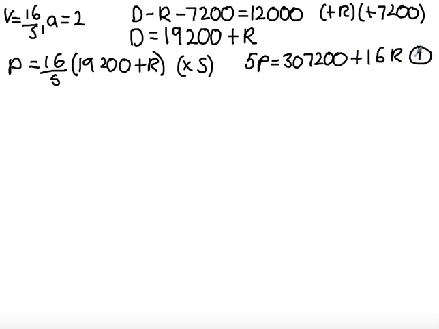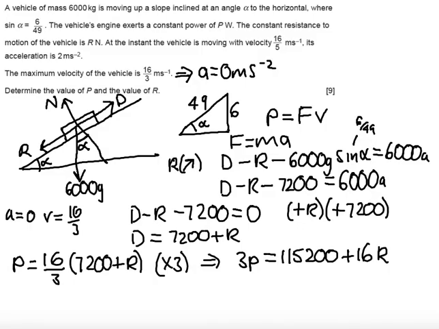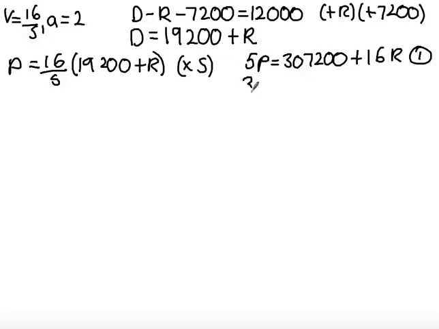Now if I call that equation 1, the equation that we got previously was 115,200 plus 16R, so I've got 3P equal to 115,200 plus 16R. If I call this equation 2, I know chronologically they're not.